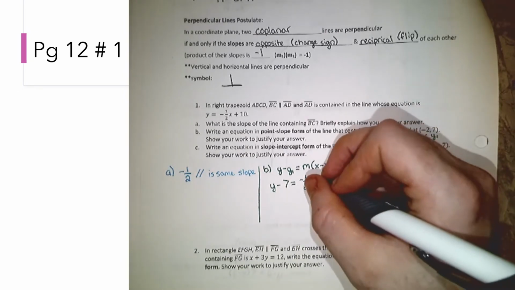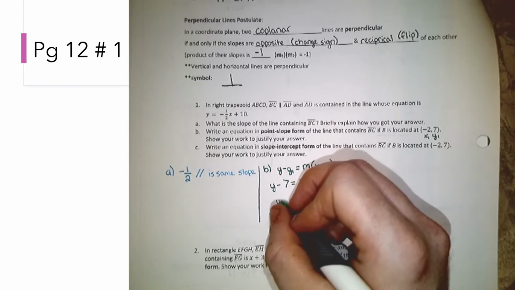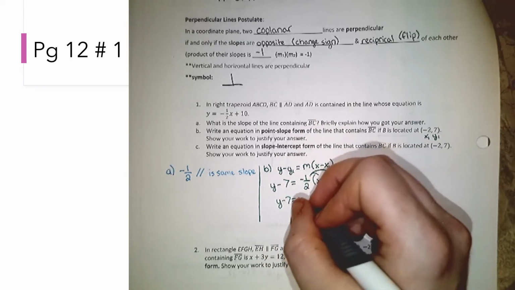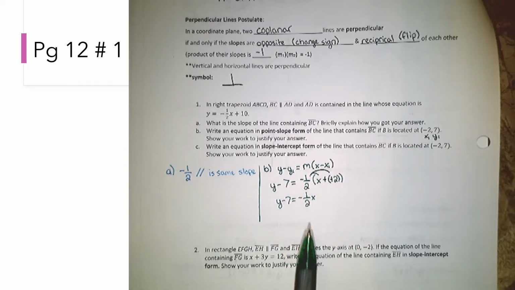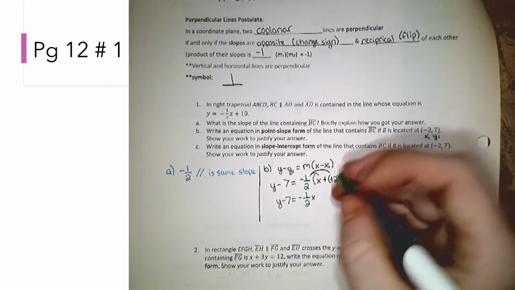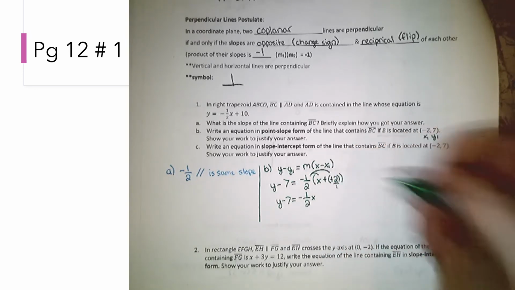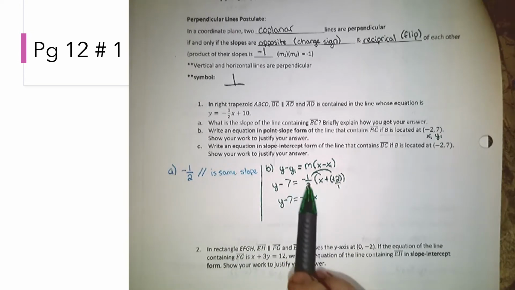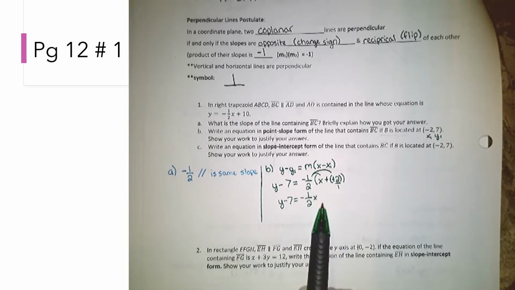So now this is going to distribute into it. So we have still y minus 7 on this side equals negative 1/2 x. And then negative 1/2 times 2. So it's the same thing as having 2 over 1. So you do the numerators together, denominators together. So I would have negative 2 over 2.